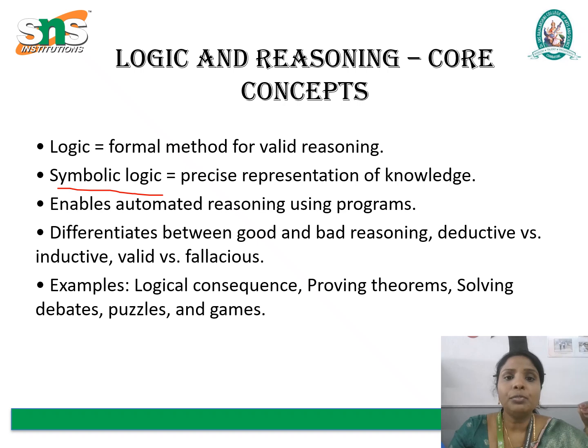This makes it easier for computers to understand and use the information for reasoning. With symbolic logic, programs can automatically perform logical steps to reach conclusions. This is called automated reasoning.